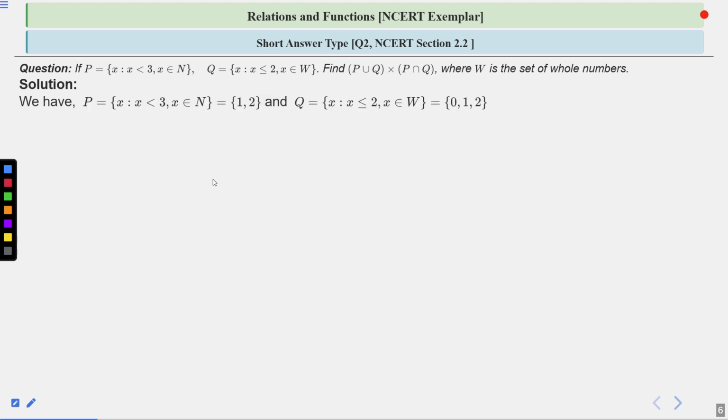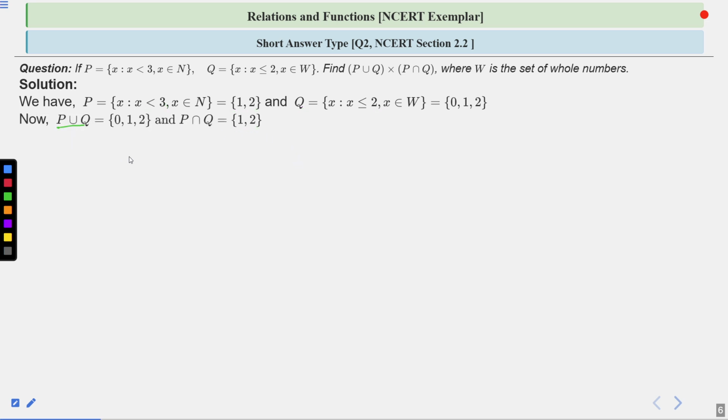We are given the P set, the collection of all natural numbers less than 3, and the Q set, the collection of all whole numbers less than or equal to 2. So in roster form, the P set will be {1, 2}, and the roster form for the Q set is {0, 1, 2}. Clear?